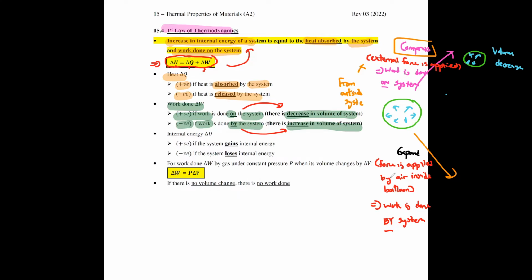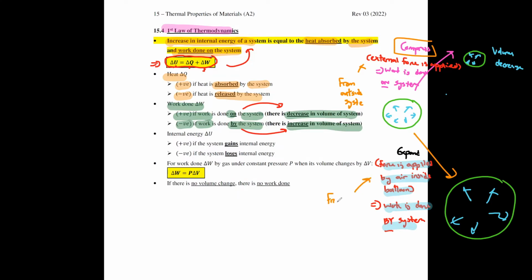But on the other hand, if you don't apply any external force, and the air pressure inside the balloon is very high, the balloon will actually expand by itself from here going to something like this. When it does so, we will say that the force is actually being applied by the air inside the balloon. Work is actually done by the system. Why we say it's done by the system is because that force actually did not come from outside the system.